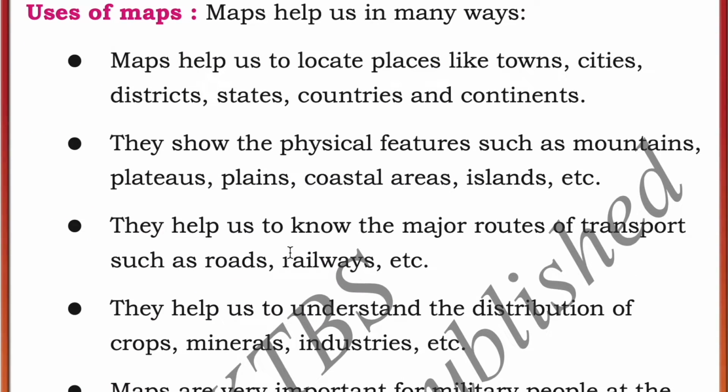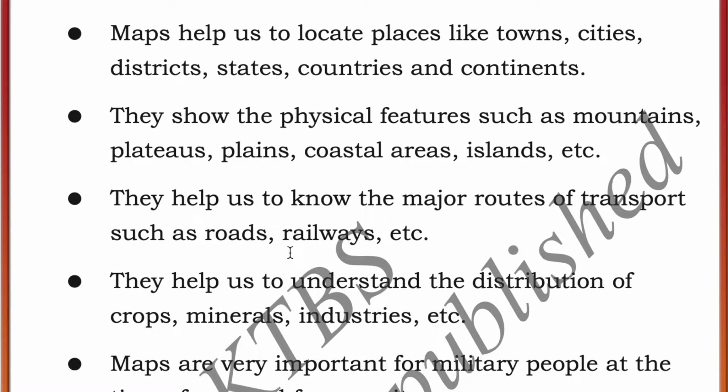And down here, we have the next section, that is the uses of maps. Maps help us in many ways. They help us locate places like towns, cities, districts, and states and countries and continents. I would say the easiest use of a map to understand is that it helps us find different places.